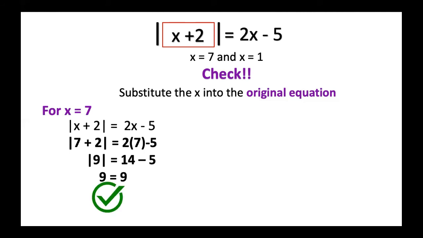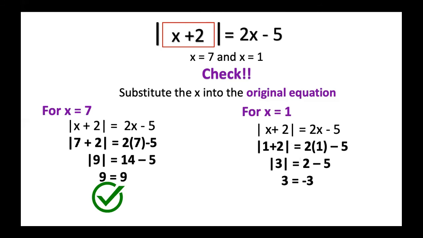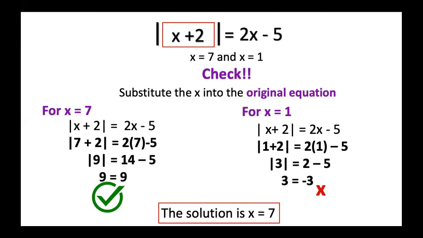This statement is correct. Now let's check x equals 1. Substituting, we get 3 equals negative 3, which is a wrong statement. So what does it mean? It means we only have one solution, which is x equals 7.